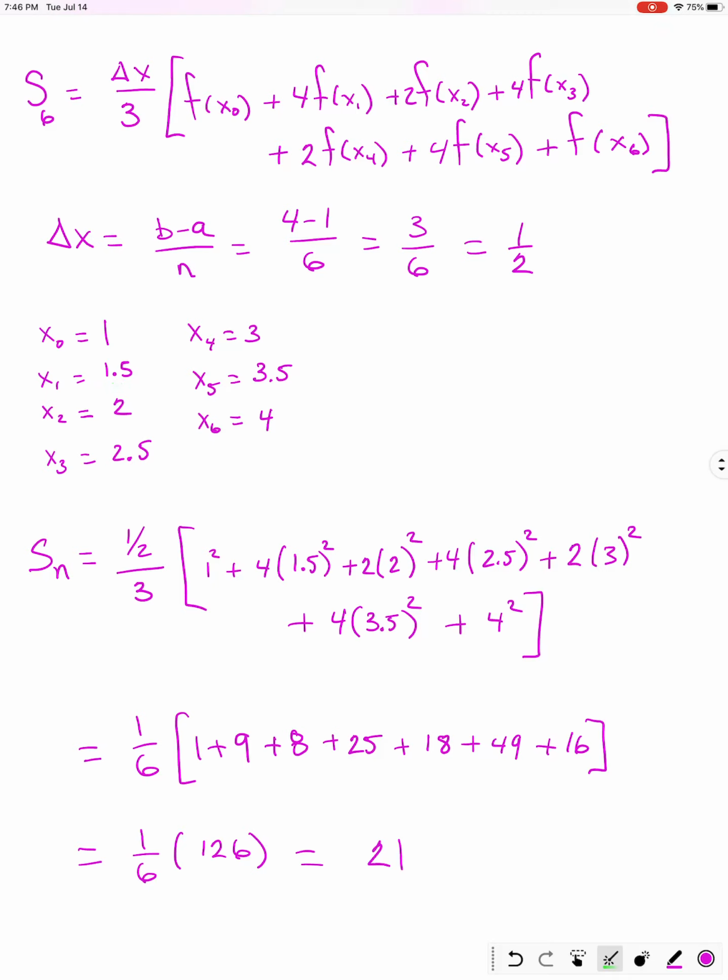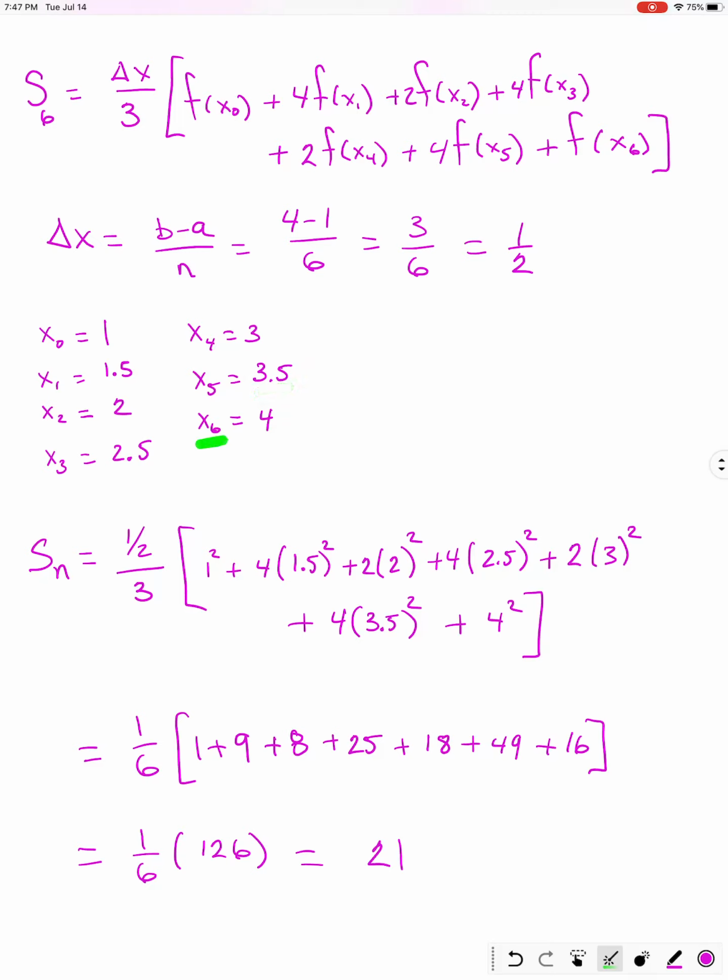Then x2 is 1.5 plus delta x, so 1.5 plus 0.5 is 2. And then x sub 3 will be 2 plus delta x, 2.5. x4 would be 2.5 plus delta x, so 3. And x5 would be x4 plus delta x, so 3.5.